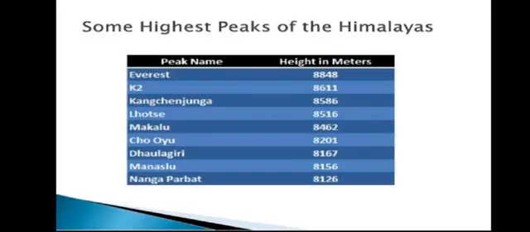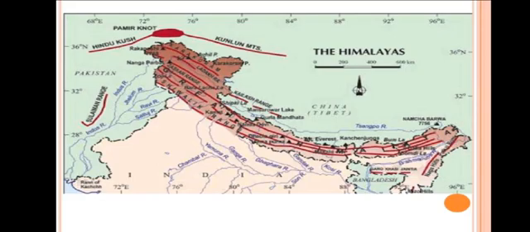Now, these are some of the highest peaks of Himalayas and their height. You can see on your screen. Now, one more figure is here from north to south, how it is divided. You can see on your screen.